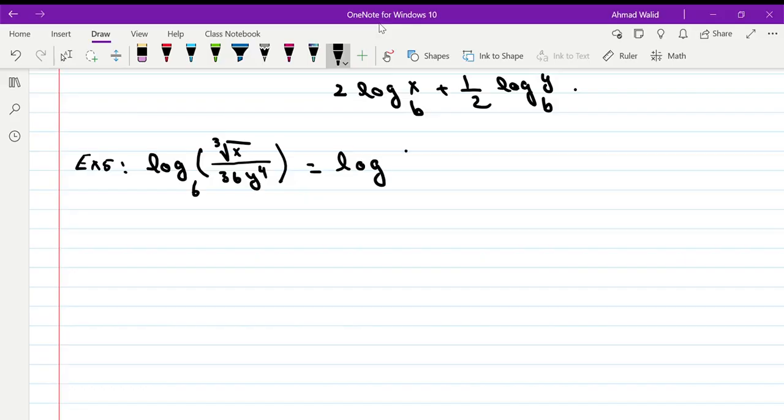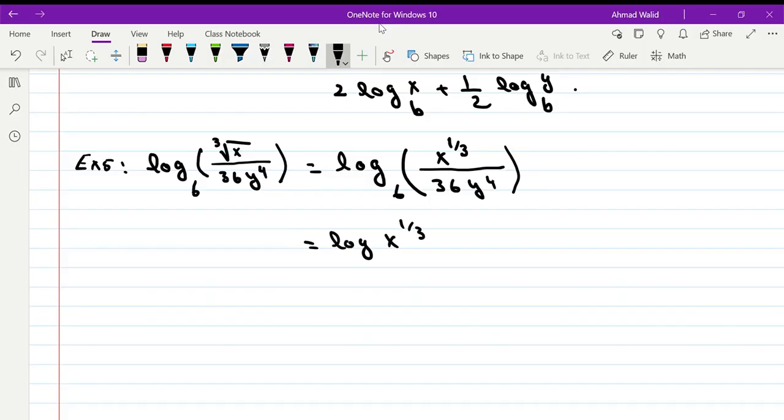Log of cube root of x means x to the power of 1/3 over 36 y to the power of 4 base 6. Now apply the quotient rule. Then log of x to the power of 1/3 base 6 minus log of 36 y to the power of 4 base 6.